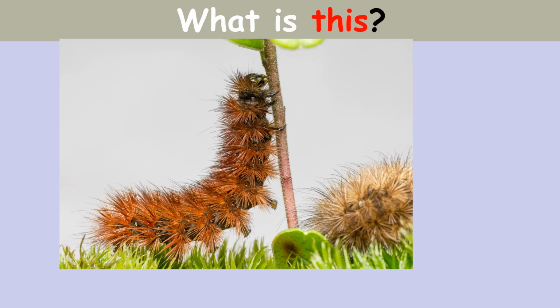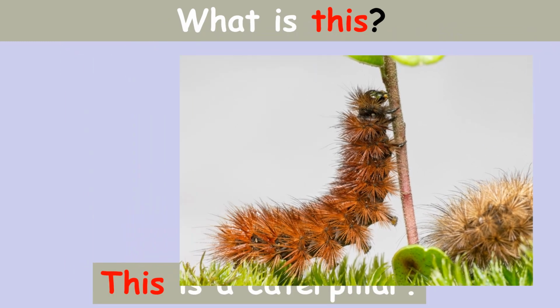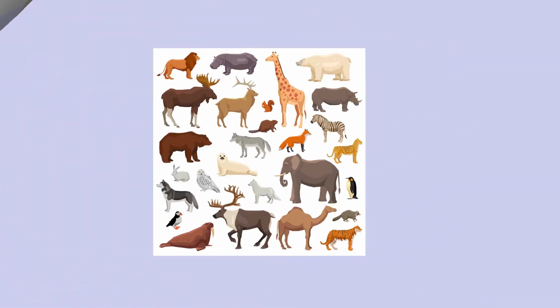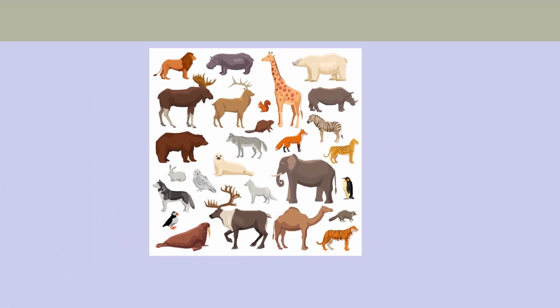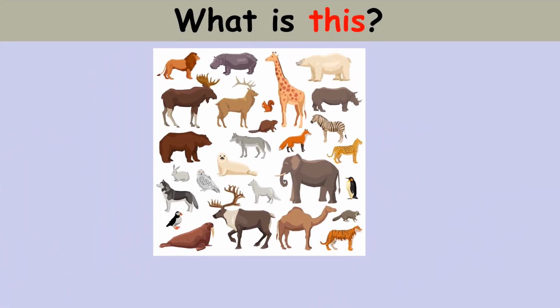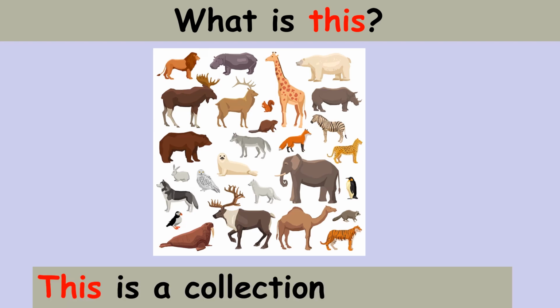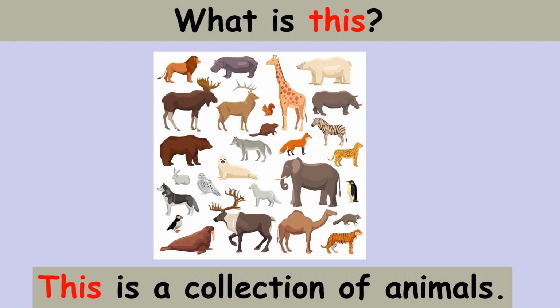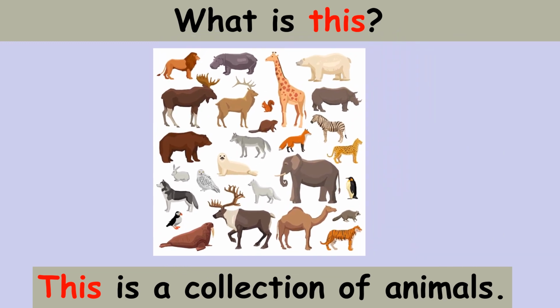What is this? This is a caterpillar. What is this? This is a collection of animals.